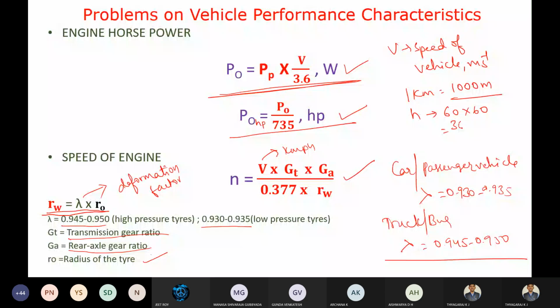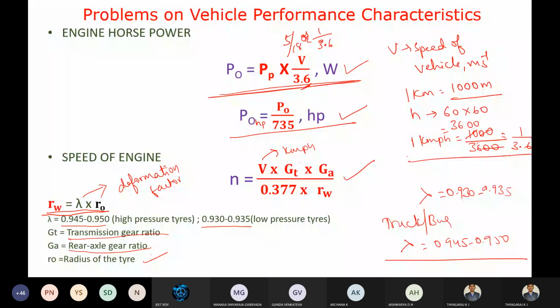So you get 3600. Now 1 kilometer per hour is equal to 1000 divided by 3600, that is 5 by 18, or 1 divided by 3.6. The zeros get cancelled, 10 divided by 3.6, so 1 divided by 3.6. The same thing I have taken here. So you can multiply by 5 by 18 or 1 by 3.6. Is it clear? Understood? Yes, sir. Shall we proceed? Yes, sir.